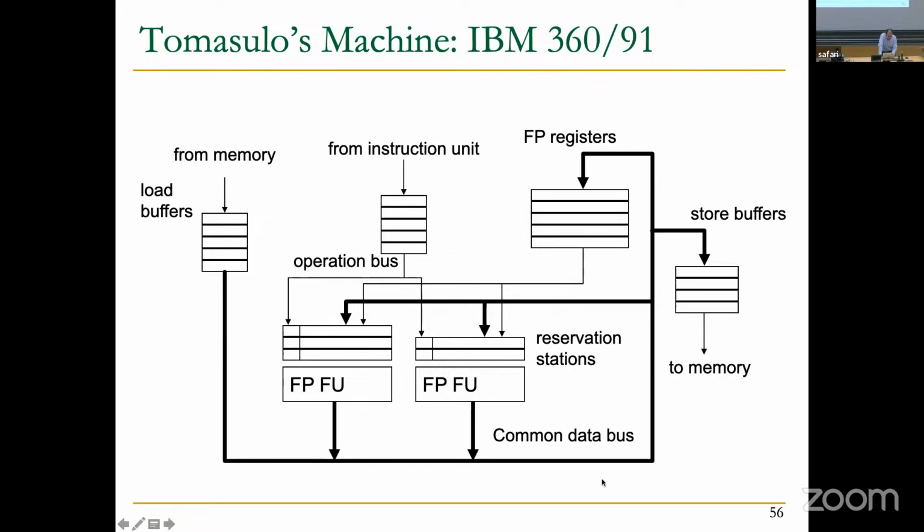This bus is shared across all these units. And when you're done with your execution, you need to put your output on that common data bus with the tag, such that everyone that is waiting for your tag gets updated and ready for execution. Is that more clear now? Yeah, it's a bit more clear. We can also discuss offline.